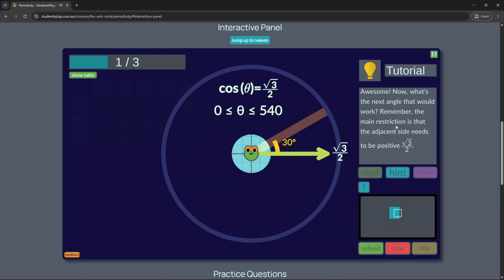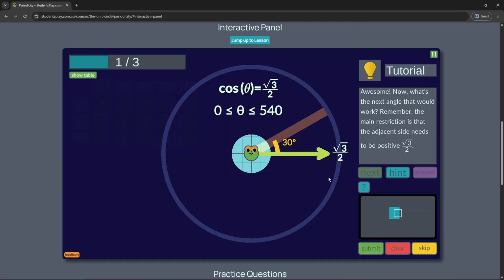Remember, the main restriction is that the adjacent side needs to be positive root 3 on 2. Okay, so if I went around here, now our adjacent side would be negative because it goes this way. And then same for down here, that would also be negative. So what about around here? Yeah, if I have an angle that goes down here, then the adjacent side would still be like that. Also, remember our CAST thing?